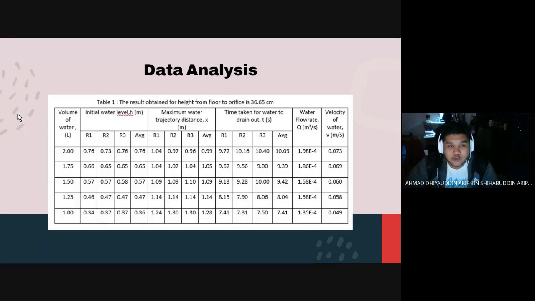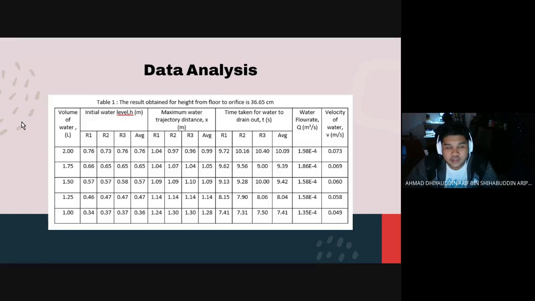This time, we have volume of water in liters, initial water level H in meters, R1, R2, R3, and average maximum water trajectory distance X in meters, also R1, R2, R3, and average time taken for water to drain out T in seconds, R1, R2, R3, and average. Then water flow rate Q in cubic meters per second and velocity of water V in meters per second.